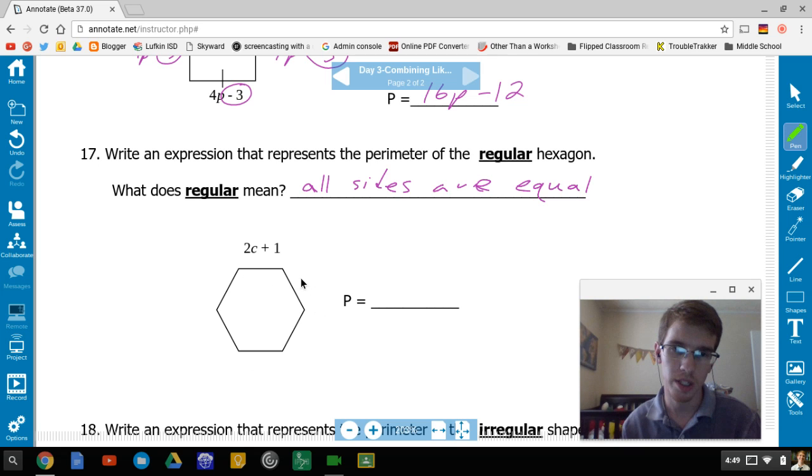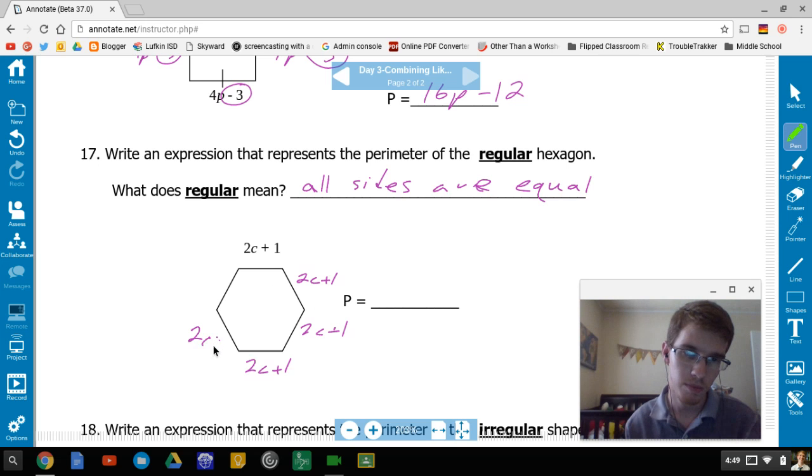So if we do label these, 2c plus 1, 2c plus 1, 2c plus 1, okay, we're going to end up with 6 of them. We're going to have 6 of each of these. So we're going to have 6, so 1, 1, 1, 1, 1, so plus 6. 2, 4, 6, 8, 10, 12. So 12c's, and then plus 6.